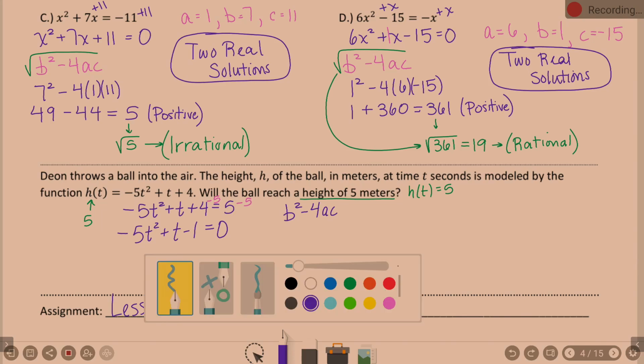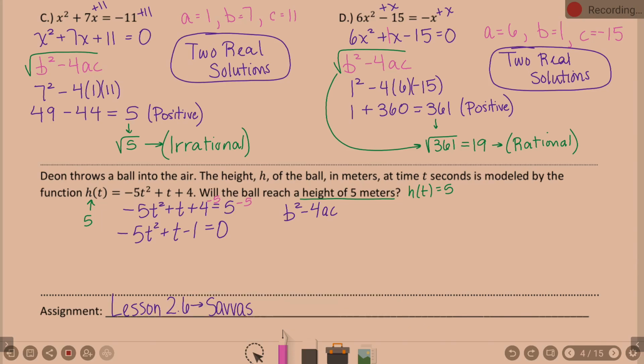With this in mind, A is negative 5. B is the invisible 1. C is negative 1. Plug them in.